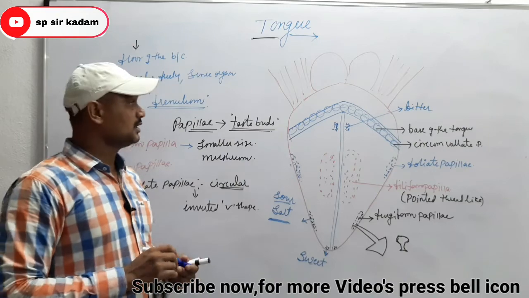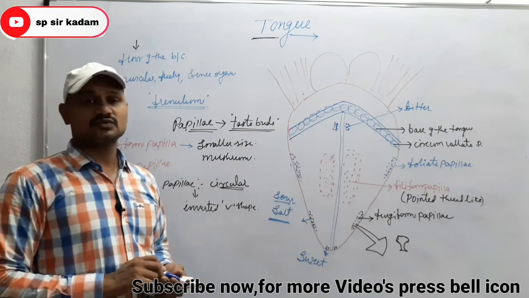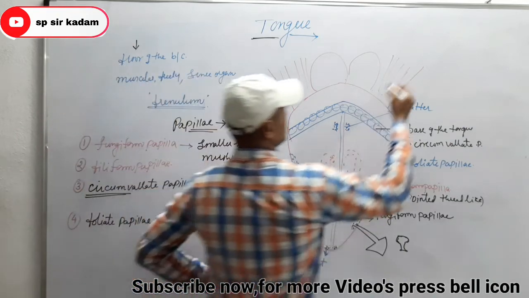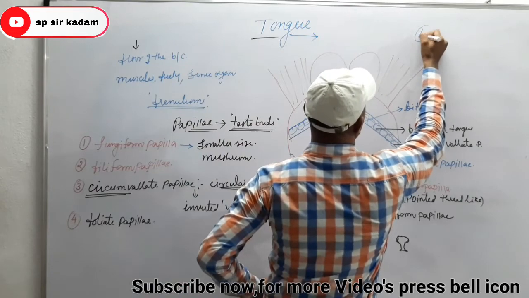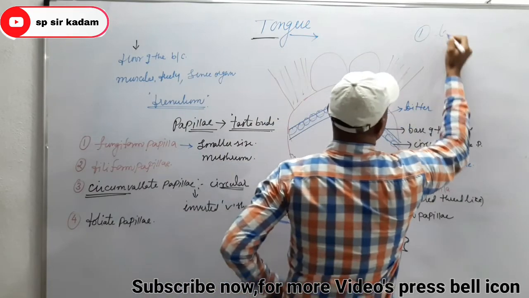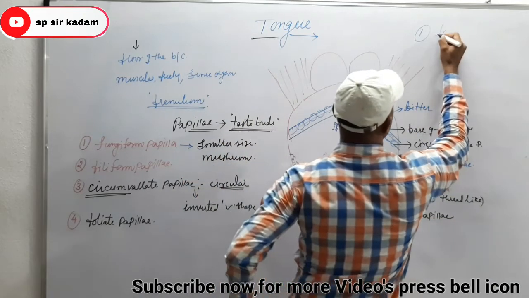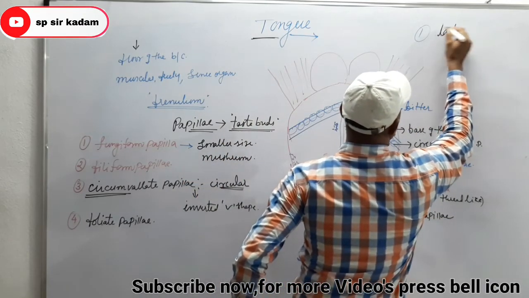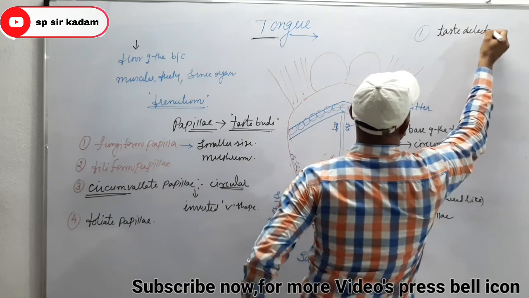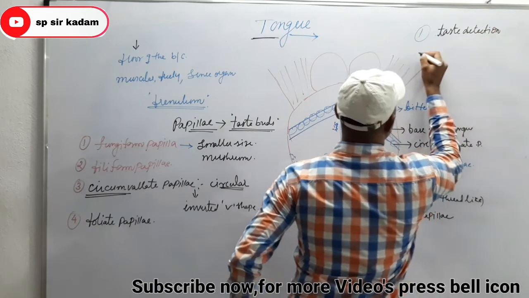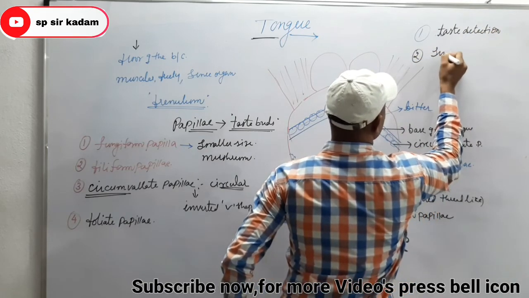And finally, what are the important functions of the tongue? First important function of the tongue, we know, is taste detection or identification of taste. Then next, swallowing.